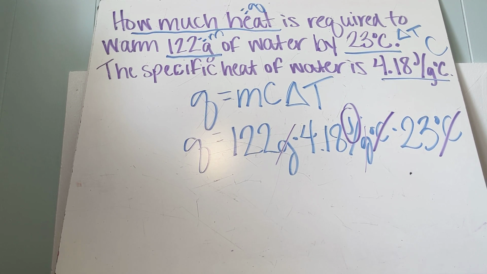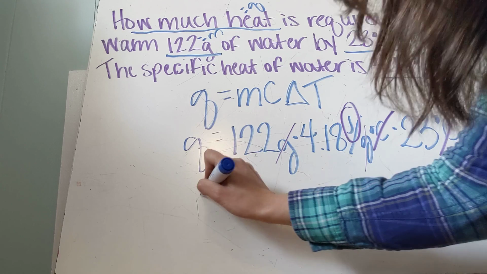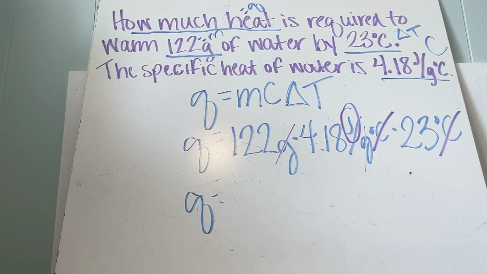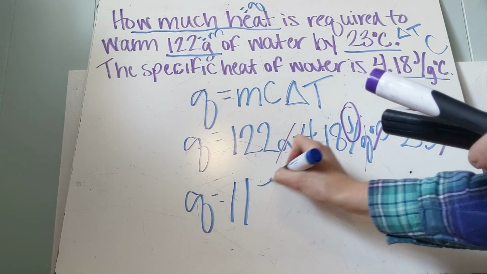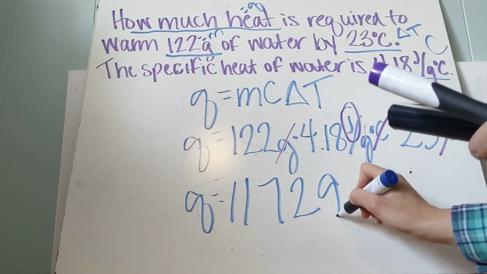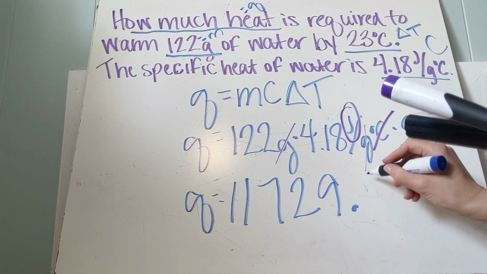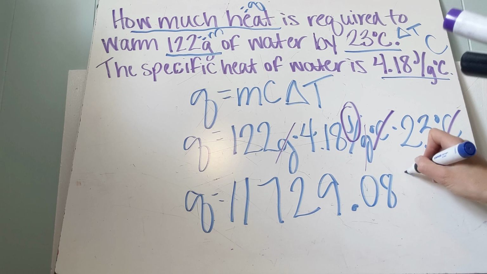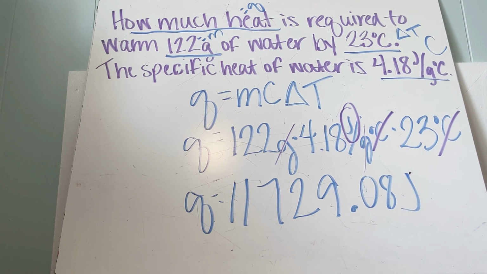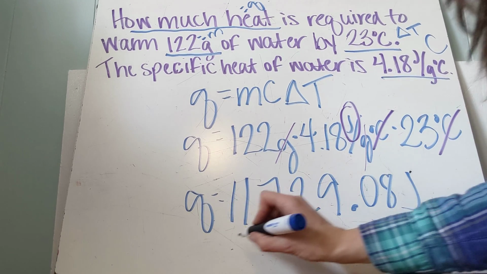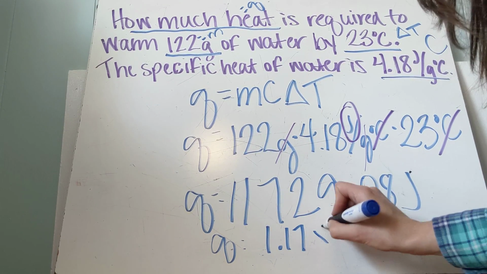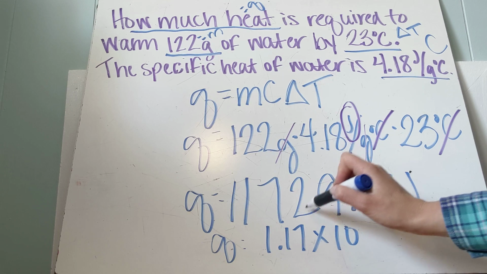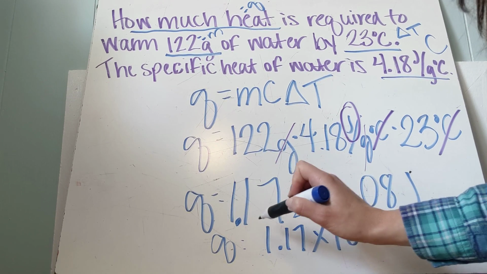And I get 11,729. If we want to round and put that in scientific notation, we could write Q is equal to 1.17 times 10 to the 4th.